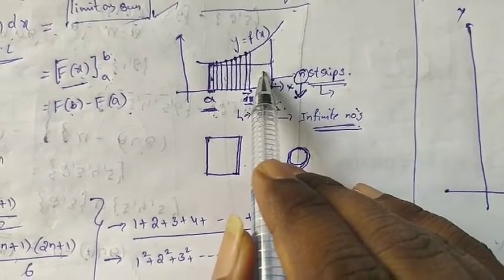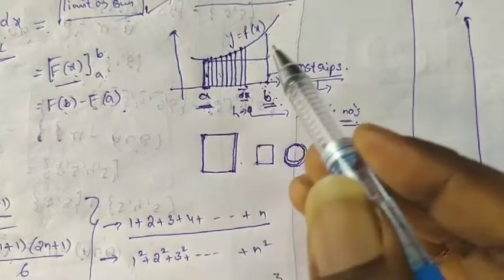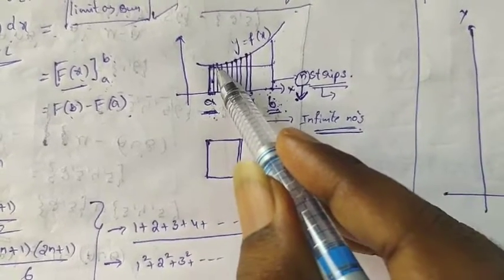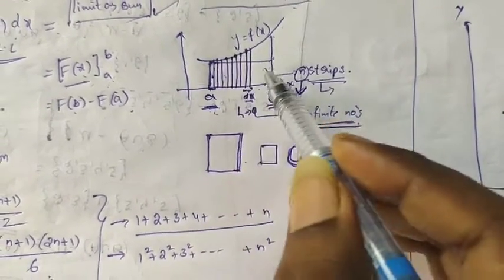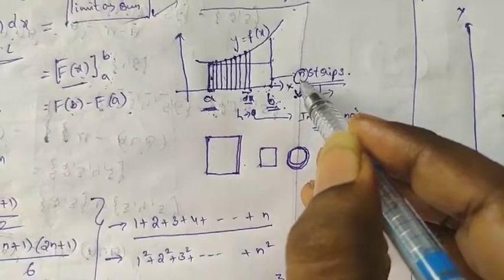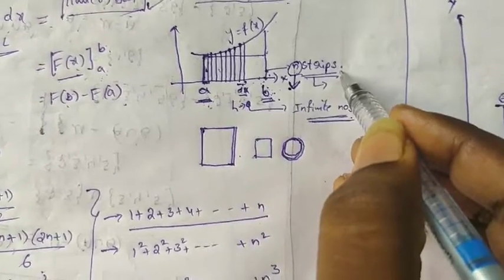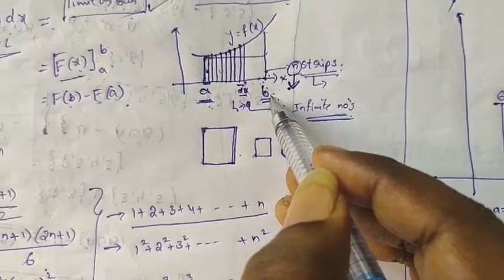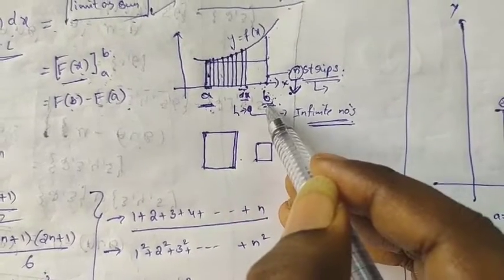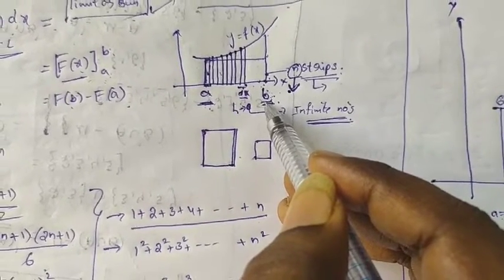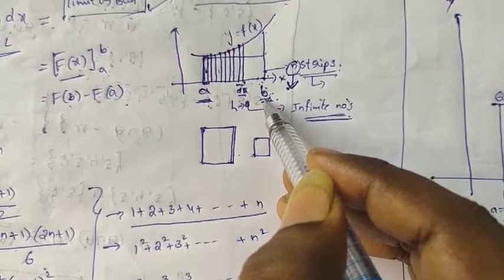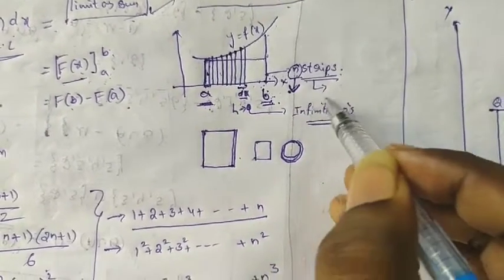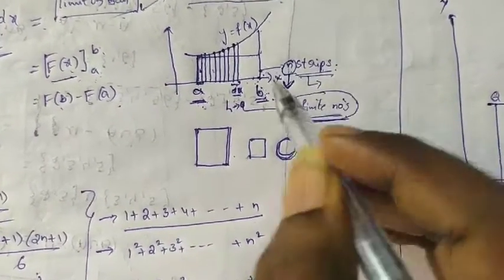So what we do? This area we are going to split into infinite strips. We are writing n strips only. Remember that a and b are rational numbers. Between the rational numbers, we can write infinite numbers. So in terms we are writing n strips only, but there will be infinite values. So we take the infinite sum.